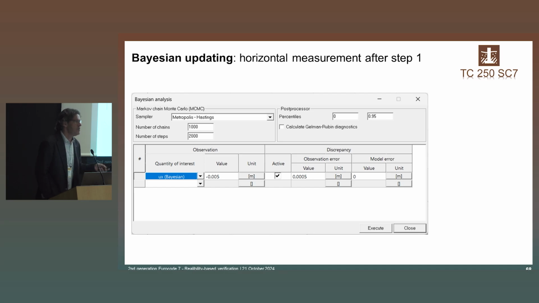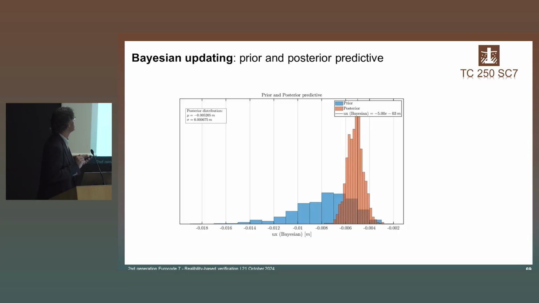So I can use this new information. I can also put an observation error here. And my model will learn from this new observation and will update the input distributions. So you see that at first, I was computing something which was close to 7 millimeters for this horizontal displacement.